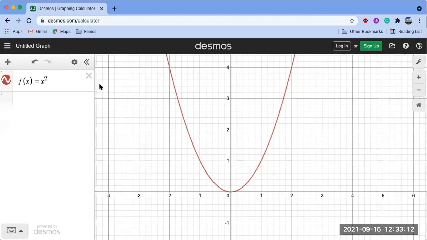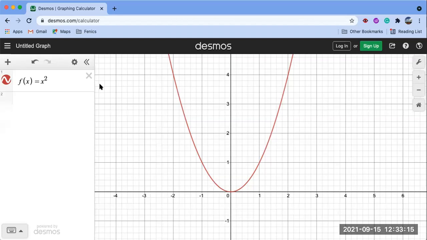And as you can see, the limit of this function when x goes to infinity, f of x goes to infinity, right? That is why it's going up in the positive y direction. How about when x goes to negative infinity? It also goes to infinity, right?